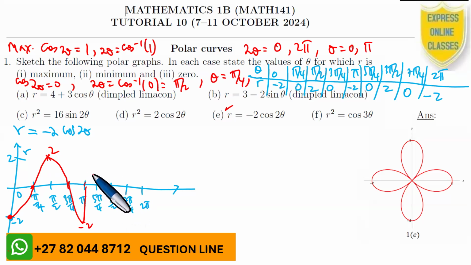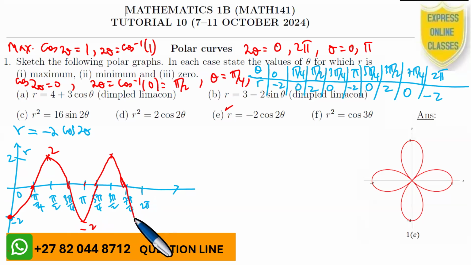At 5 pi over 4 it is 0. At 3 pi over 2, 7 pi over 4 is 0.